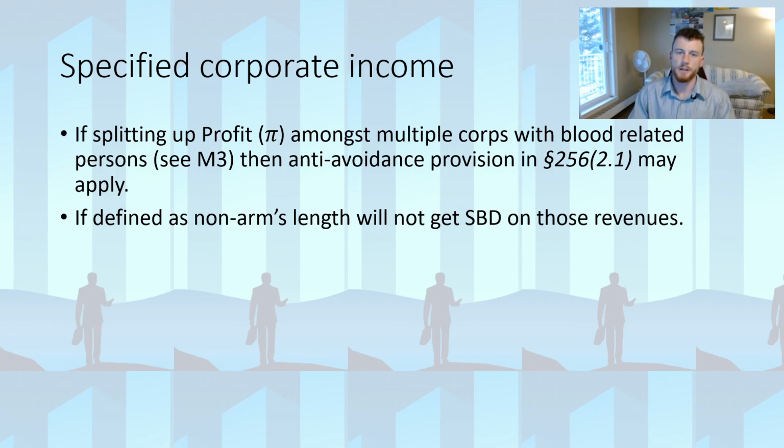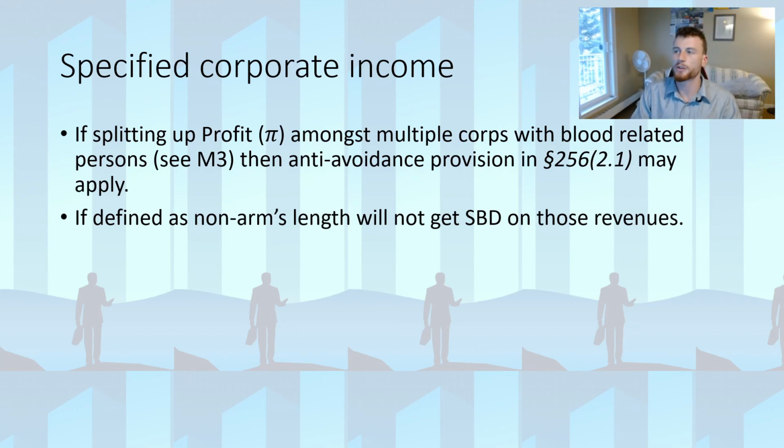So as you can see from our prior diagrams, you can set up the structure possibly to duplicate the small business deduction. But due to the anti-avoidance exemption, it doesn't really work out in the end.